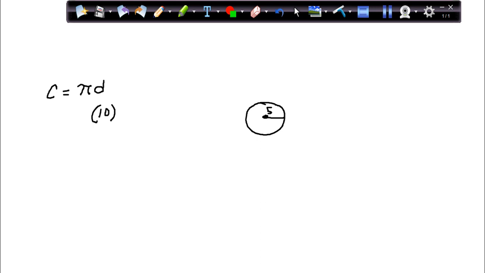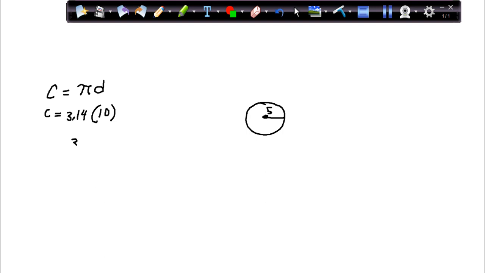So pi is always 3.14. Get used to that. You'll see it over and over again. And bring down. So C equals 3.14 times 10. Put it in your calculator.